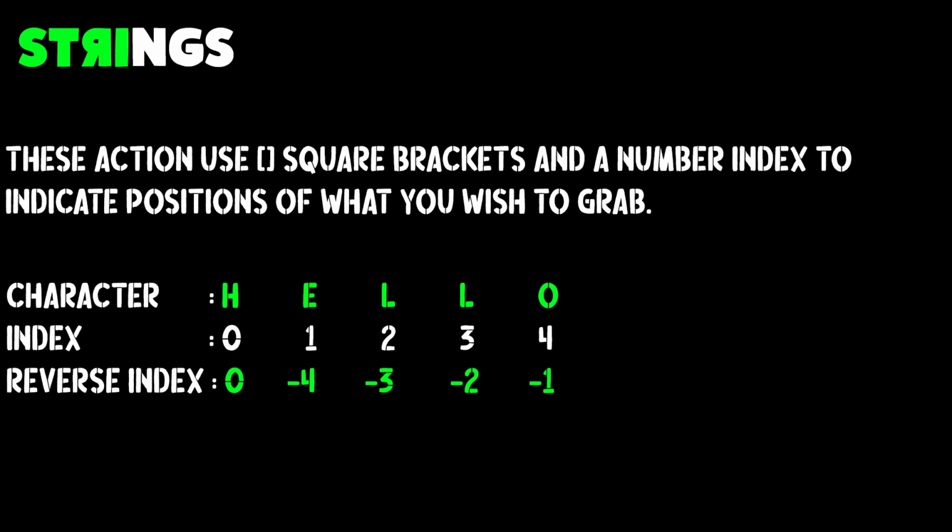Suppose we have hello as a string, so we can use 0, 1, 2, 3 to grab a specific character. As we know, h is stored at index 0 and e is stored at index 1, and the l at 2 and the other l at 3 and the o at 4. So if we want to get the h, we'll pass in the square brackets 0 and we can grab the h.